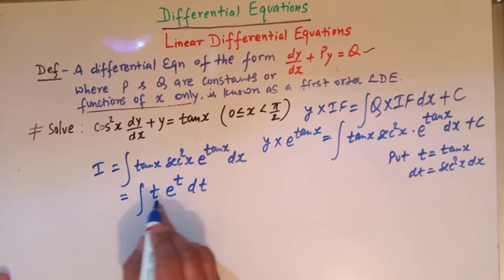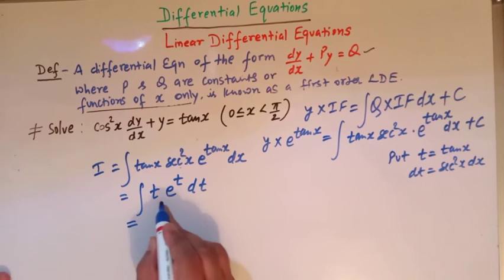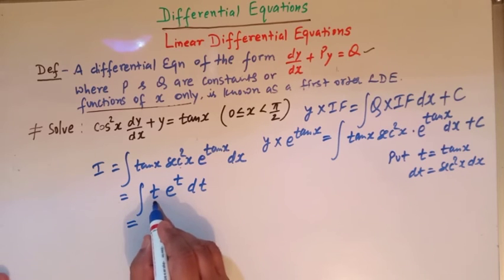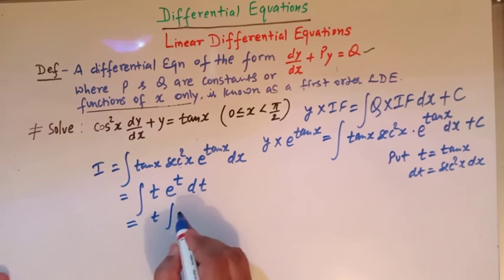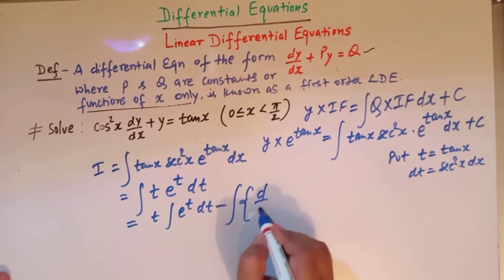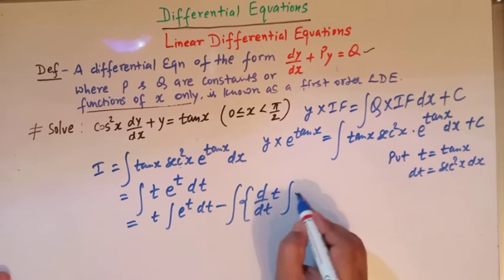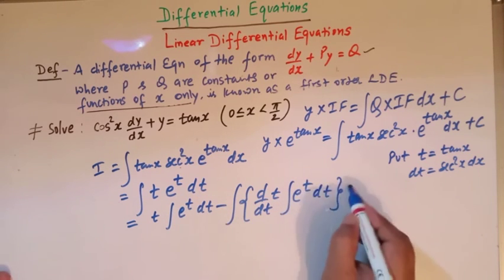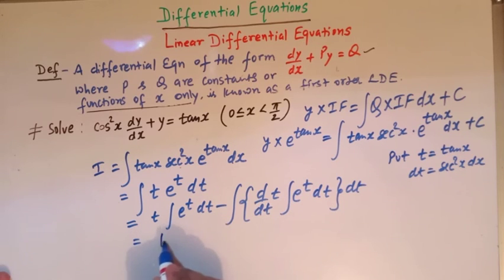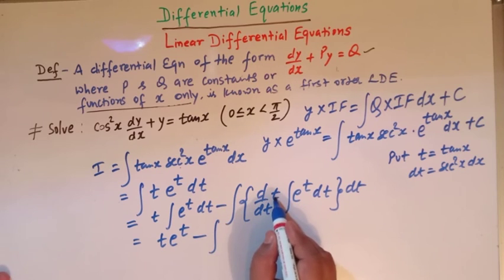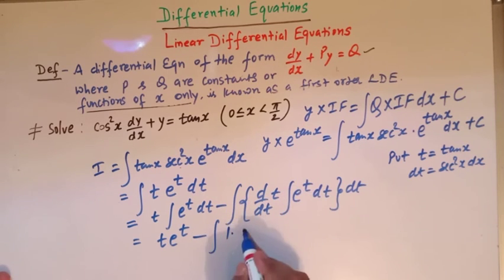Now by making use of integration by parts, we can solve this integral. This t is the first function, e raised to t is the second function, then we have the derivative of t, integral of e raised to t dt, and dt. Now this is t e raised to t minus the derivative of t, which is 1, times the integral of e raised to t, which is e raised to t, dt.